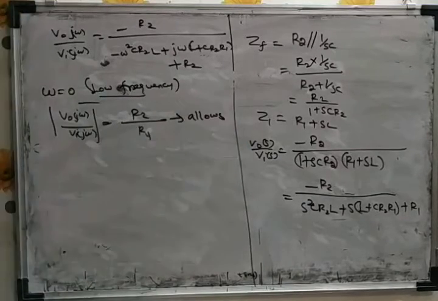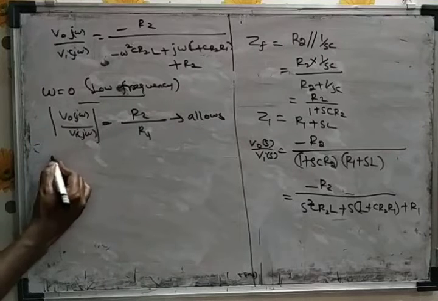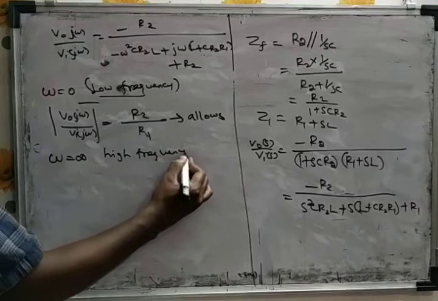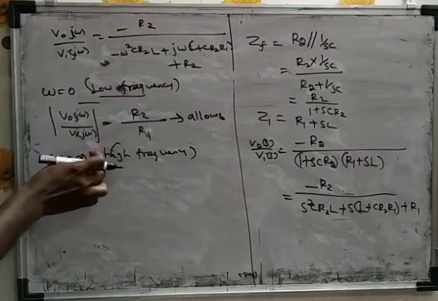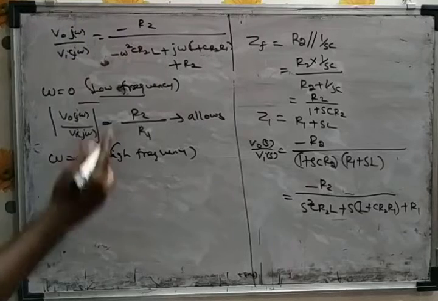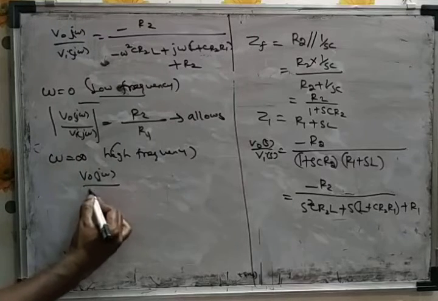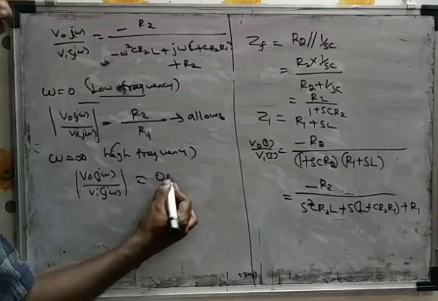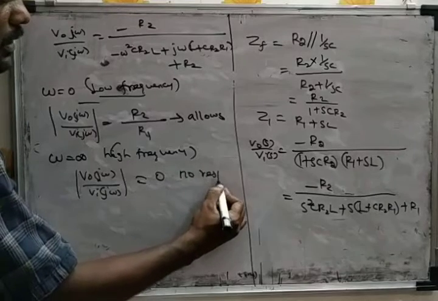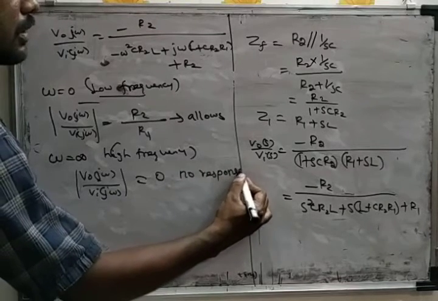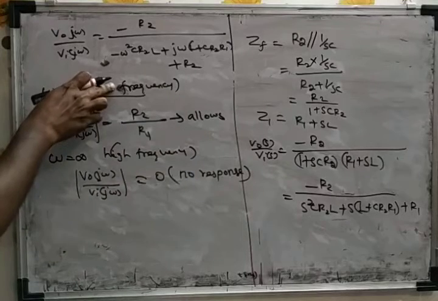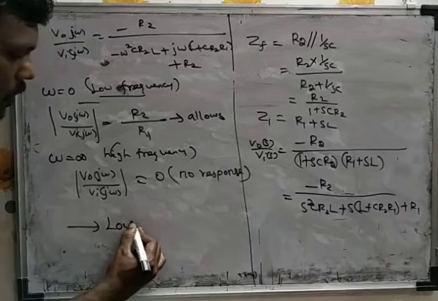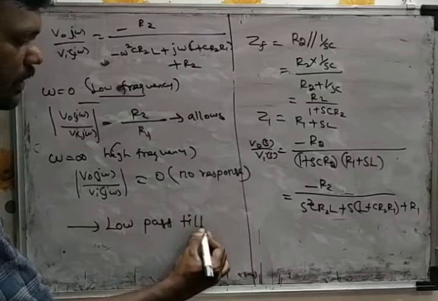If we substitute omega equal to infinity, that is high frequency, the response goes to 1 by infinity, which is 0, so there is no response. So it allows low frequency and rejects high frequency. So it is a low pass filter.